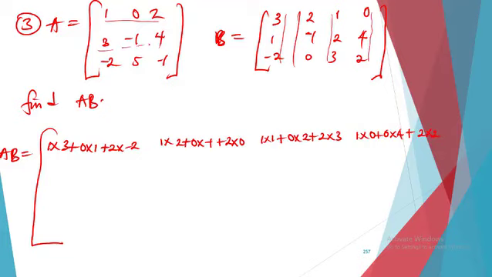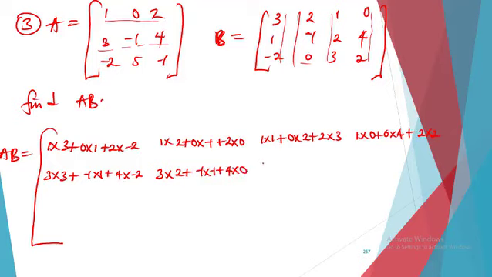Okay, then we now go over to the second row. We have 3 times 3 plus minus 1 times 1 plus 4 times minus 2. We'll go over to the second. We have 3 times 2 plus minus 1 times minus 1 plus 4 times 0.